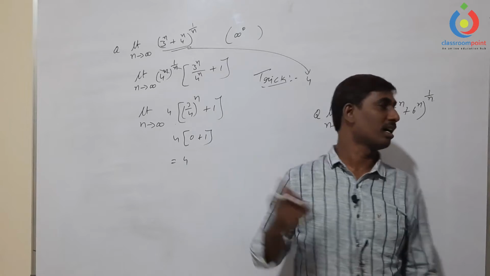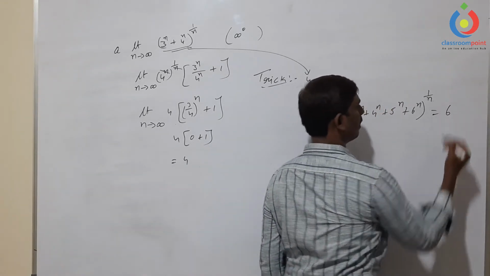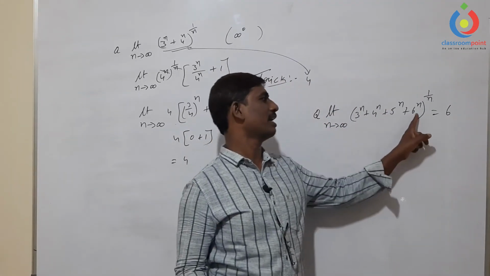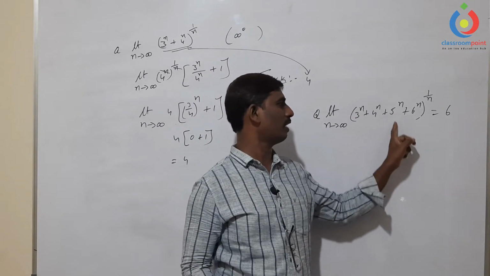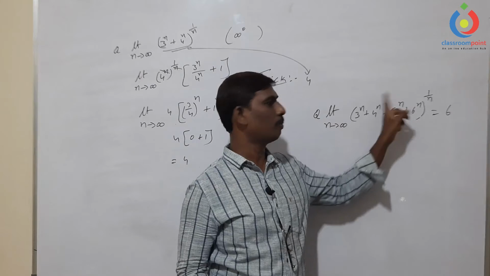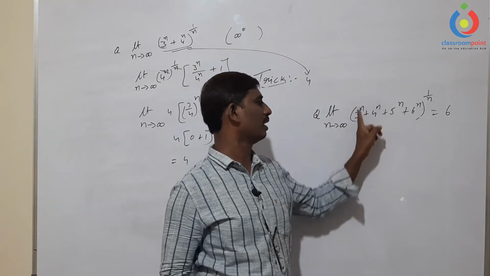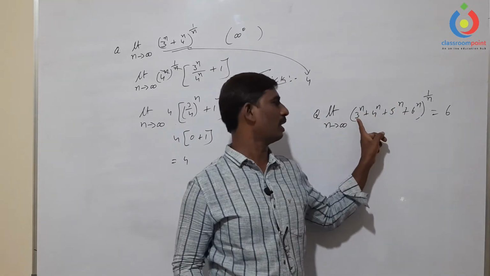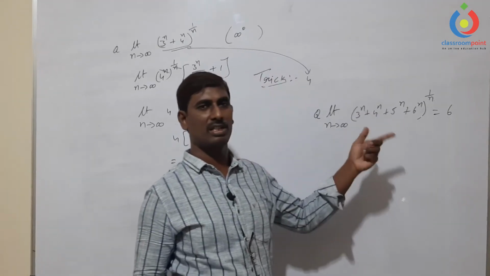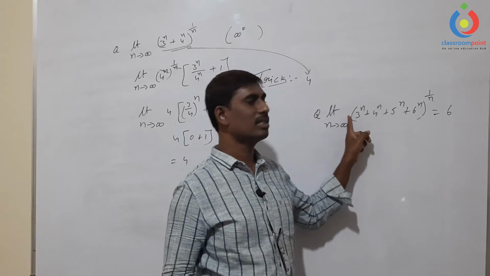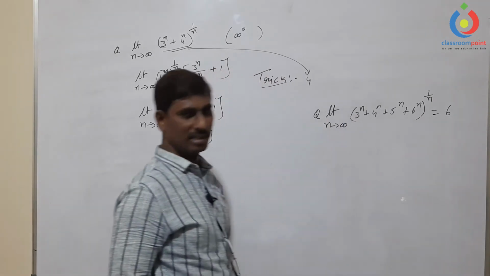By using the trick, the answer is 6. Why? Because take the highest value outside. Then automatically 3 by 6, 4 by 6, 5 by 6 plus 1, whole power infinity. 3 by 6 is below 1, 4 by 6 below 1, 5 by 6 below 1. Below 1 power infinity is always 0. So finally 6 into 1, the answer is 6.